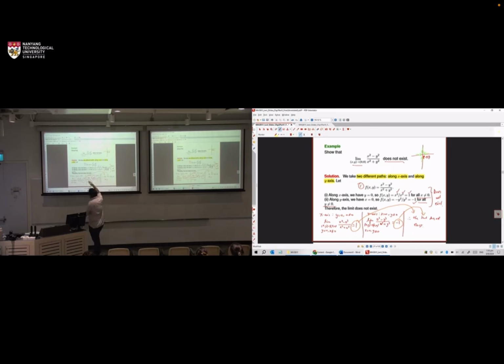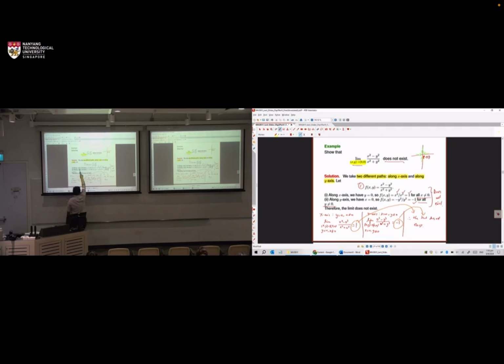Of course, the way you choose the two different paths depends on what your number is. Since x approaches 0, y approaches 0, you can try the x-axis and y-axis. The first step, always write down the f function, the original question.